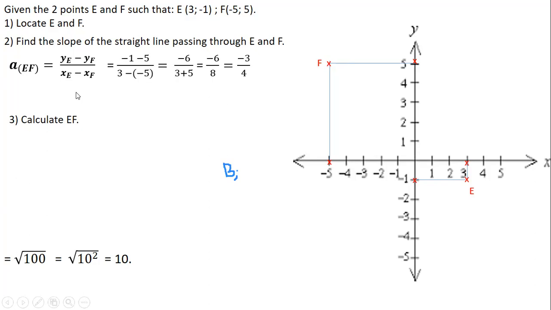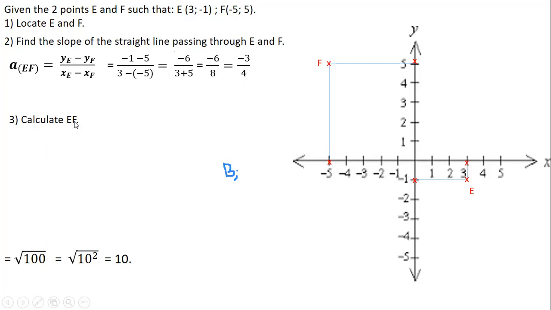Now we should replace: YE is -1, minus YF is 5, over XE is 3, minus, since XF is -5, I replace it between parentheses. Now -1 minus 5 is -6, and 3 minus -5, negative times negative is positive, so 3 + 5 is 8. So -6/8, I reduce my fraction, it becomes -3/4. So the slope of straight line EF is -3/4.